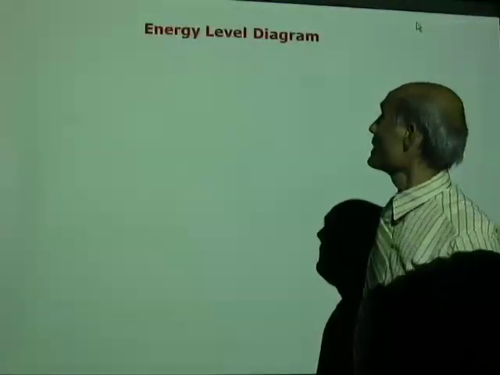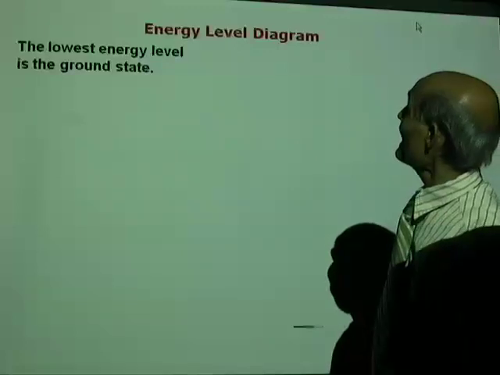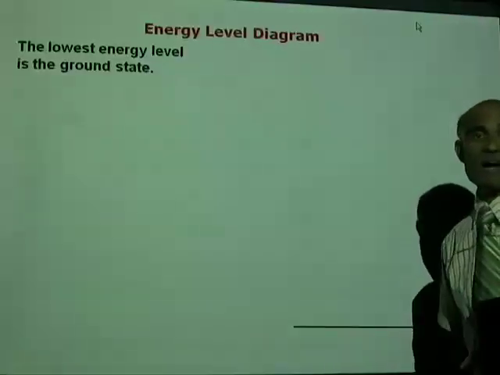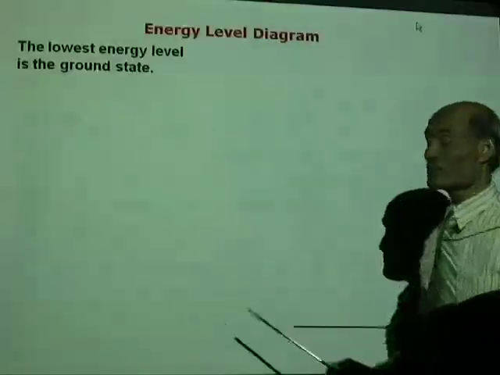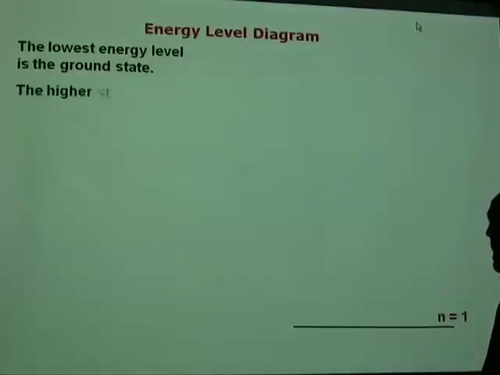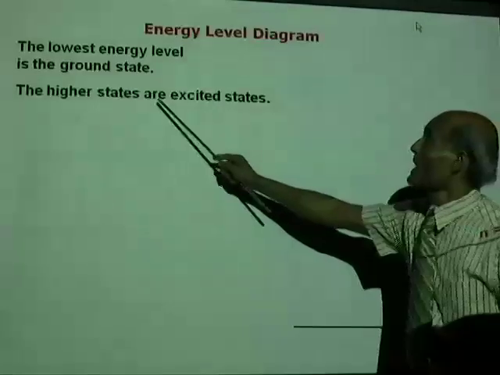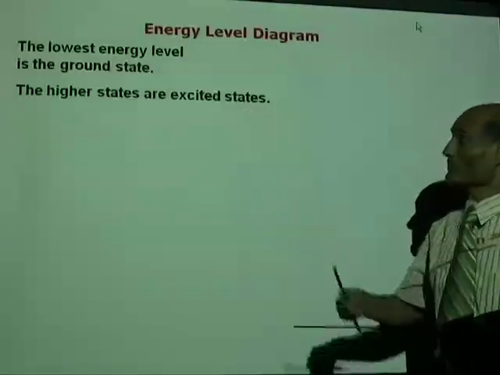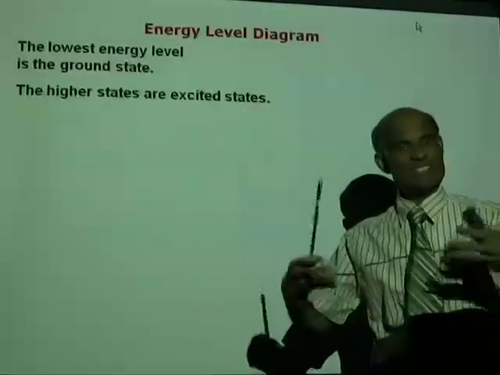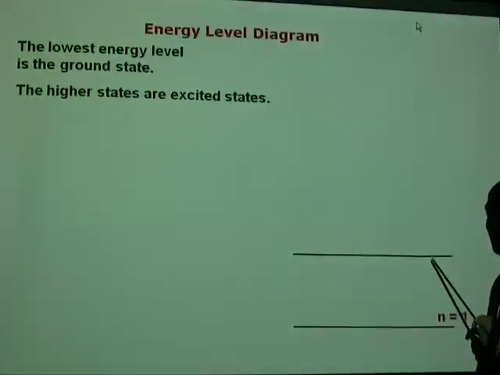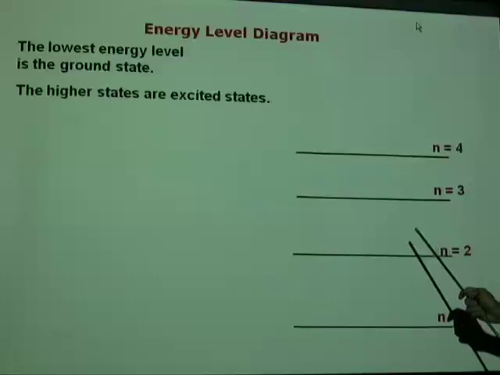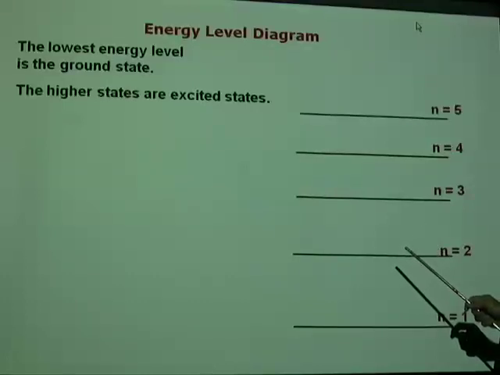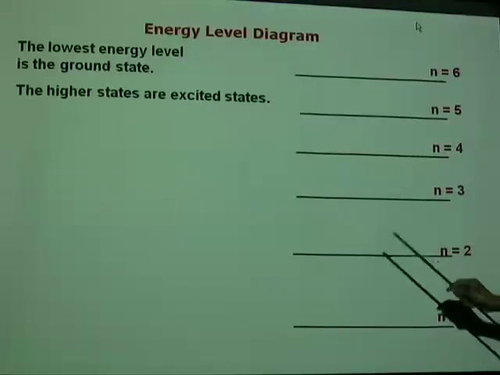And so if you draw an energy level diagram, how will that look like? The lowest energy level is the ground state, n equal to 1. The higher states are the excited states, n equal to 2, n equal to 3, n equal to 4, n equal to 5, and so on.